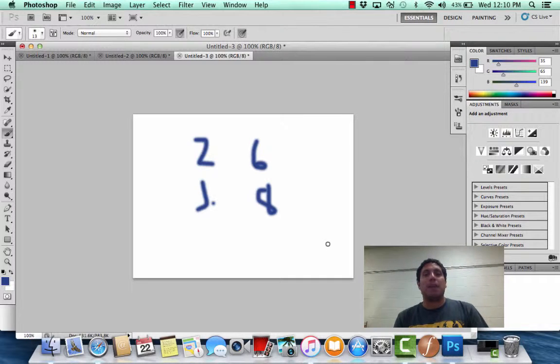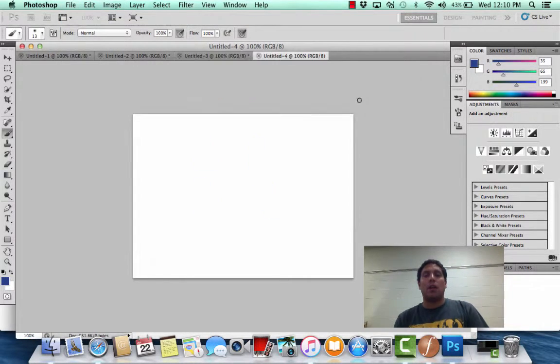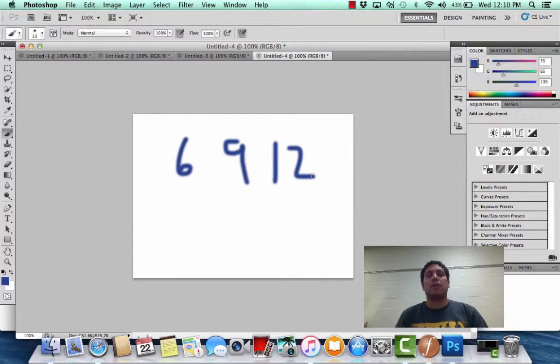So I understand that compound can get kind of tricky. The easiest thing for you to remember with compound is that the numbers on top are always going to be a 6, a 9, or a 12. If you can remember that 6, 9, and 12 are your numbers, when you see them, you know, bam, that's compound. And then the numbers that go below are what we call the subdivision.